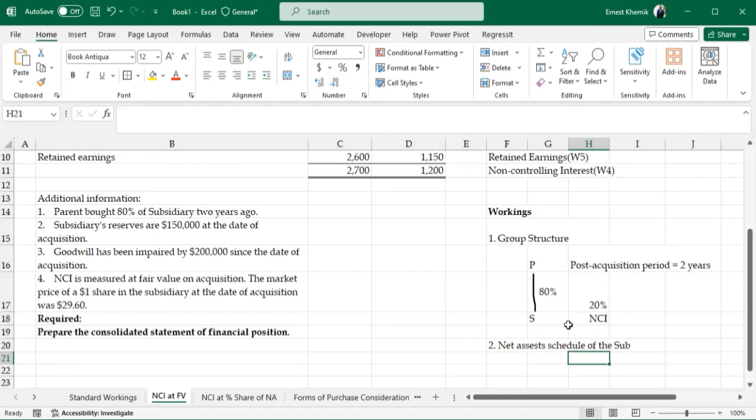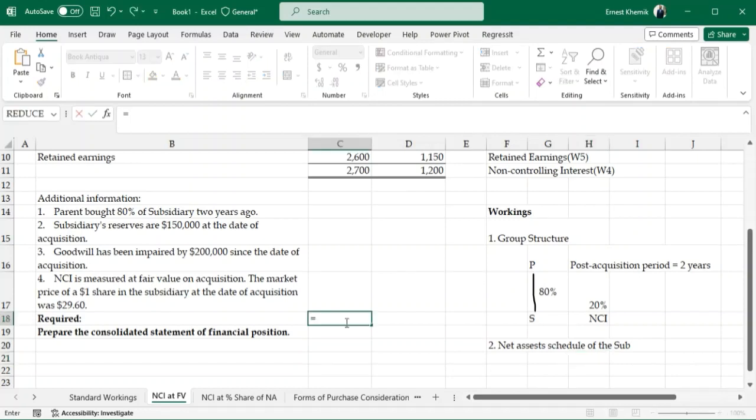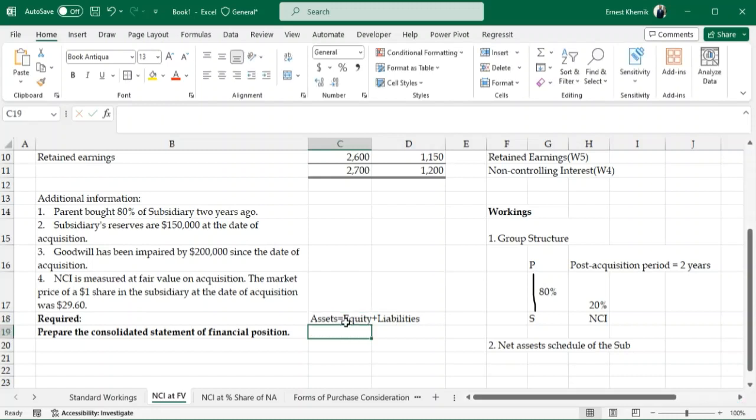Now this particular name, net assets, is from the basic accounting equation. We know that the basic accounting equation is assets equals equity plus liabilities. This is the basic accounting equation.